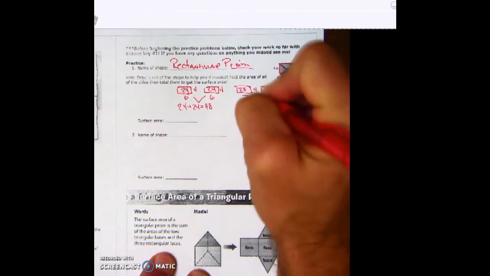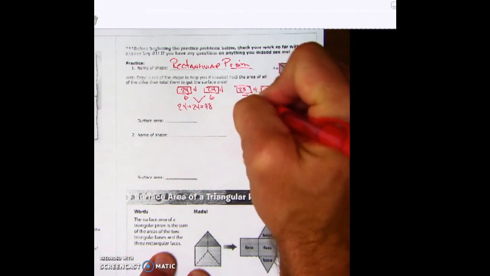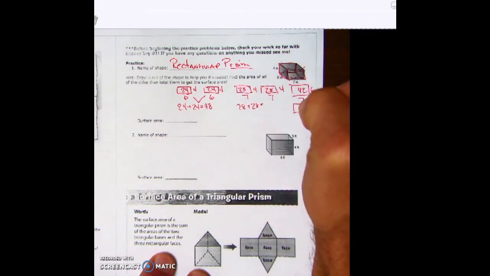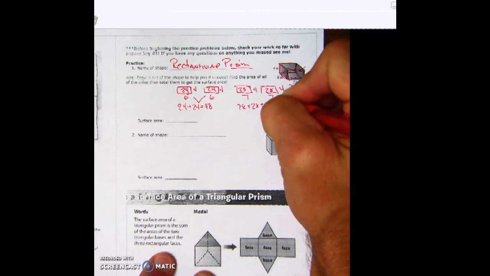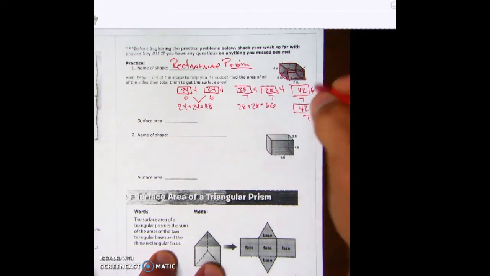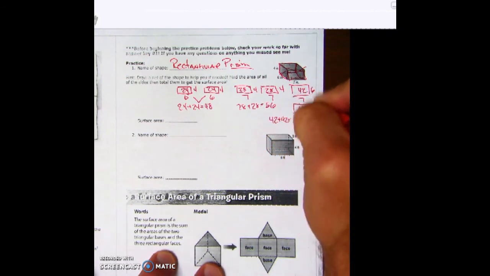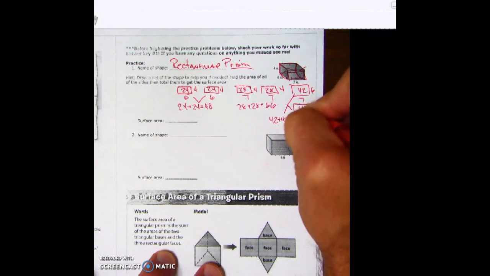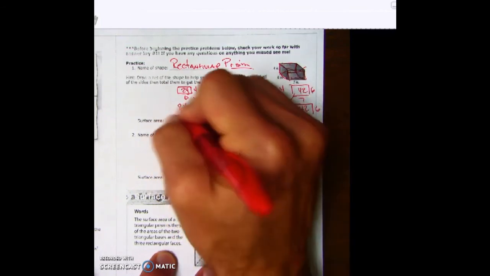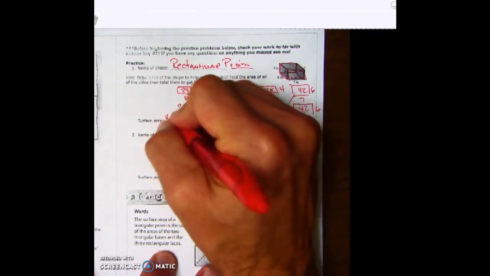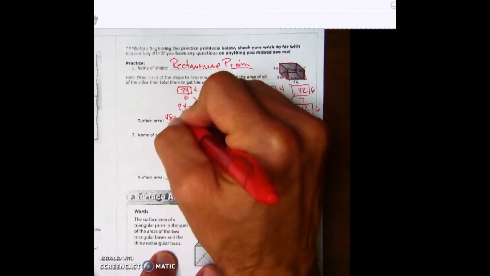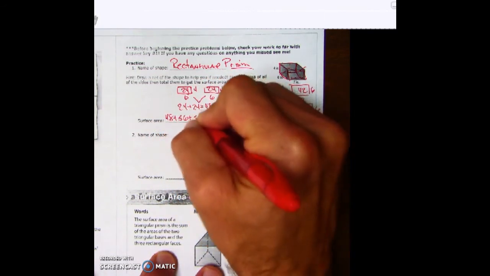So 24 plus 24 is 48. 28 plus 28 is 56. 42 plus 42 is 84. So now my total surface area is 48 plus 56 plus 84.